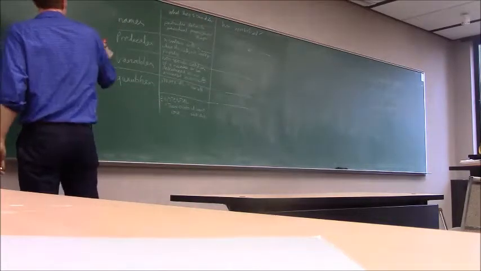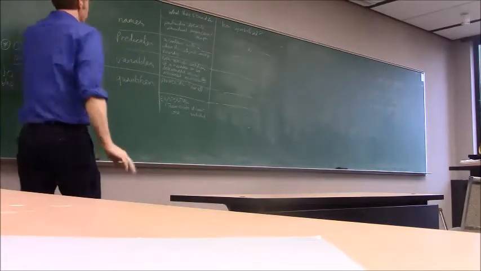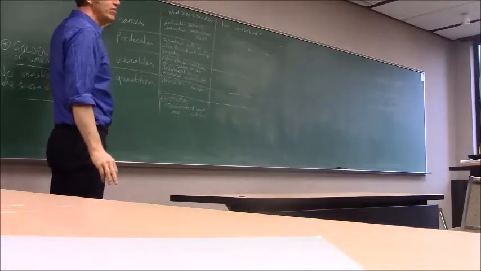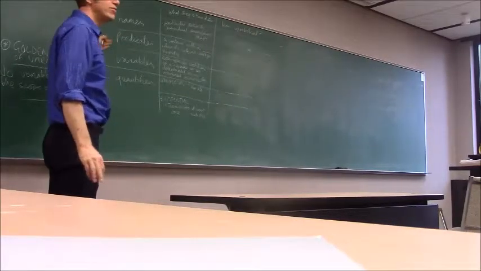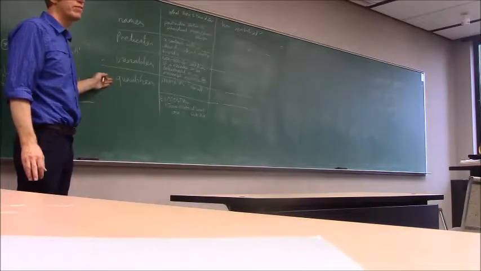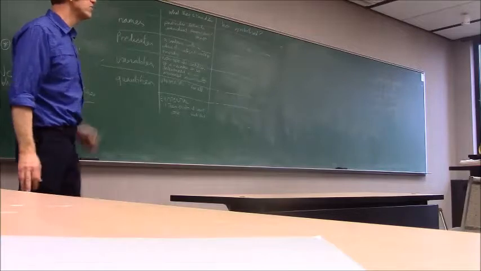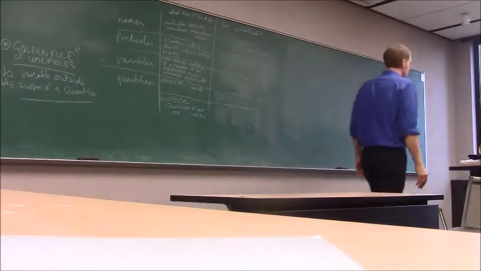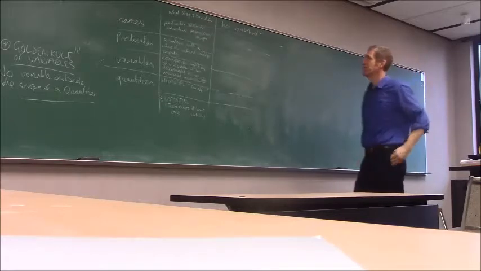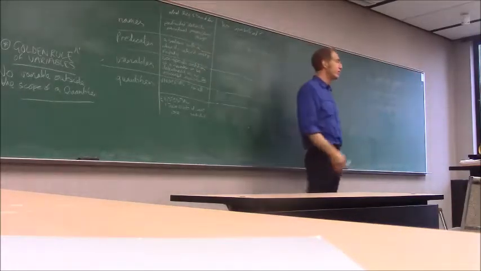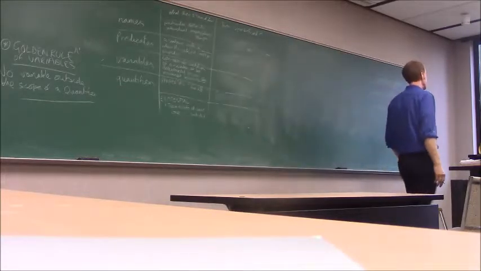That introduces the four new elements in predicate logic: names, predicates, variables, and quantifiers. Let's focus on the first two of those for now. Names are going to represent the subjects of sentences.